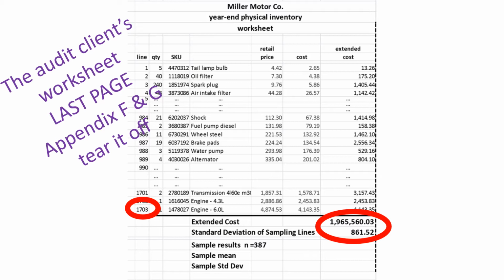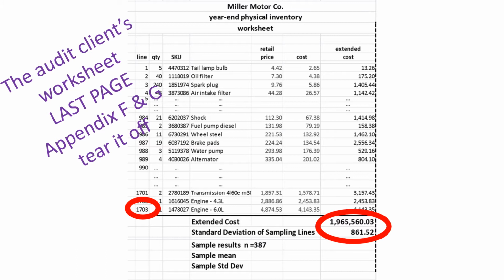Now, notice on there we've got line 1, 2, 3, 4, 5. It skips 6 to 983, and then we've got some 990s, and it skips from 991 to 1700. So in our make-believe world, Miller Motor Company has 1,703 SKU numbers, part numbers in their inventory.